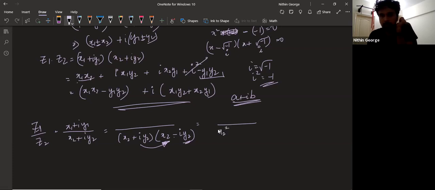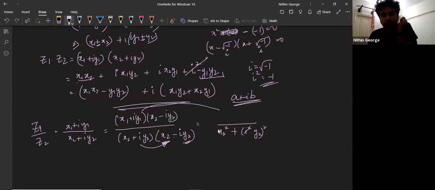So that becomes x2 square minus b square, which is i square into y2 square. All right, so i square is minus 1. So this becomes x2 square plus y2 square. Since you brought this from nowhere, x1 plus iy1 into x2 minus iy2.